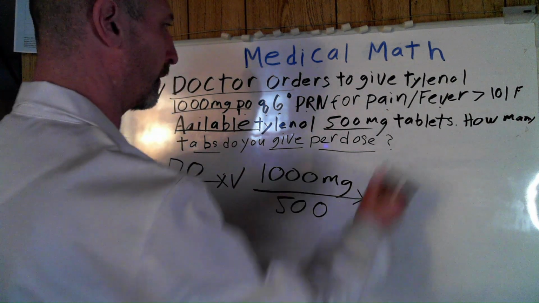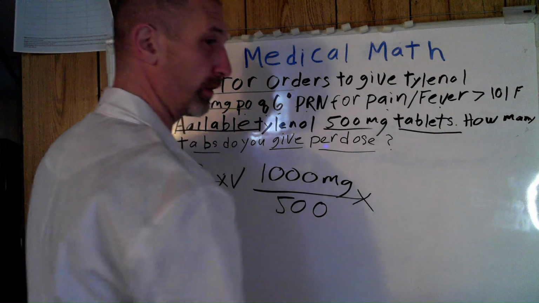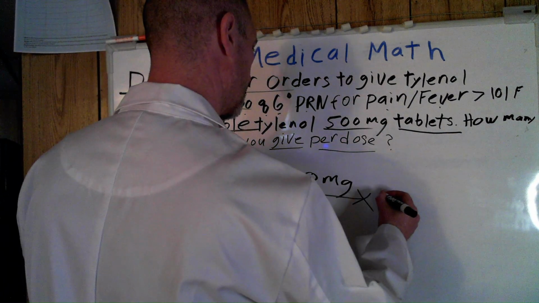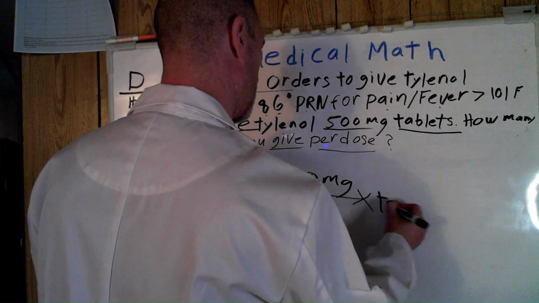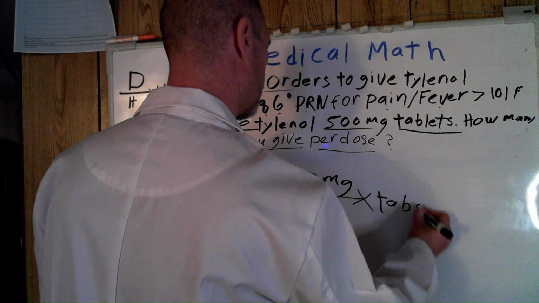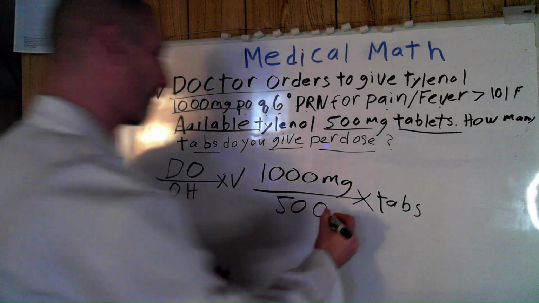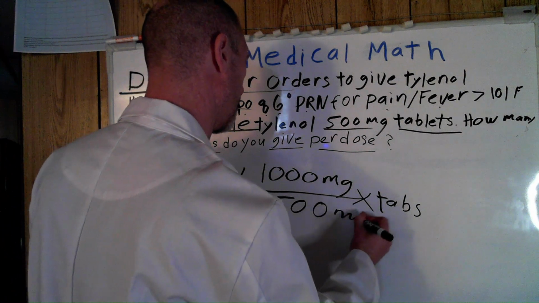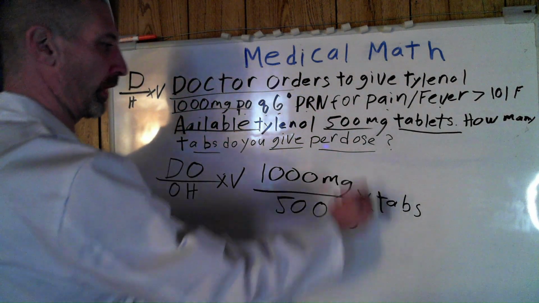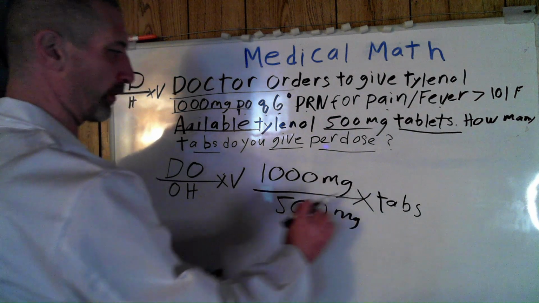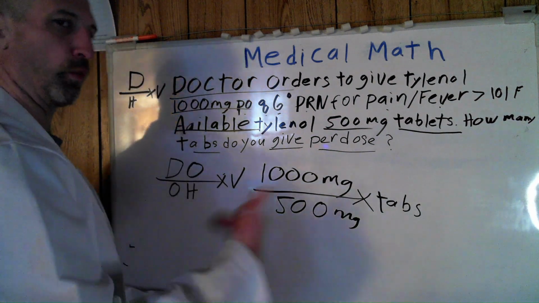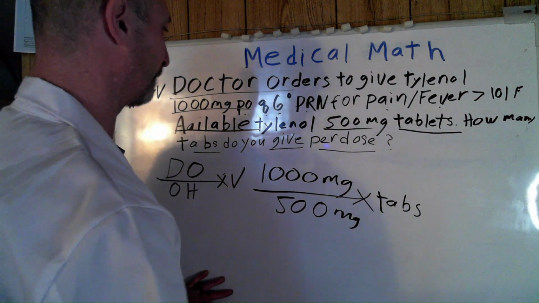What's our vehicle? In this case, our vehicle is going to be tablets. So it's going to be times tabs, right? Always make sure you put in whatever it is after, if it's milligrams, grams, whichever, micrograms.